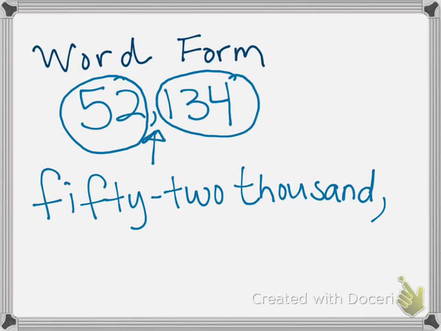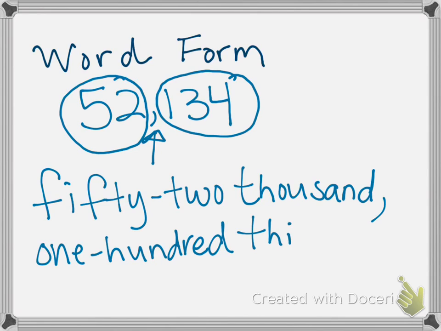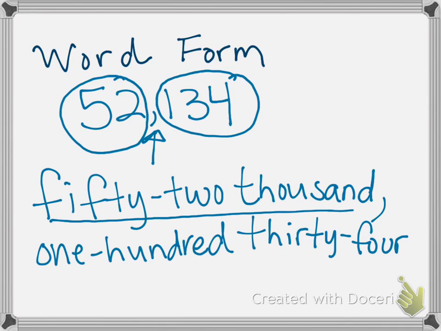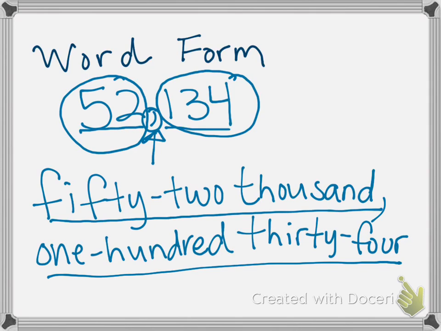I see the number 134. So I write that. 134. And then I'm going to check my work. 52,134. Is that what this says? 52,134. So make sure you do that final step of checking your work.